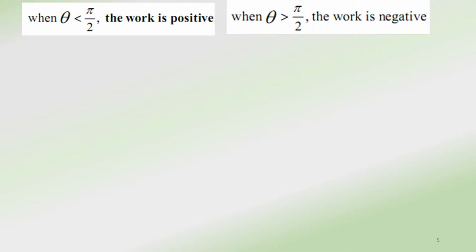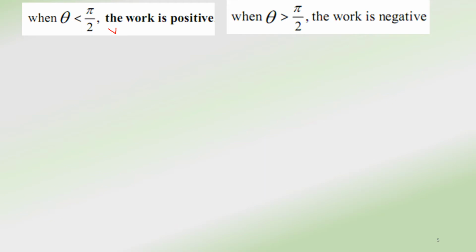We continue with describing what happens when the angle theta changes. When the angle theta varies between 0 and 90 degrees, the work done is positive, because the cosine of an angle in the first quadrant, meaning an angle between 0 and 90 degrees, is positive. And when theta is larger than pi over 2, meaning larger than 90 degrees, the work is negative.